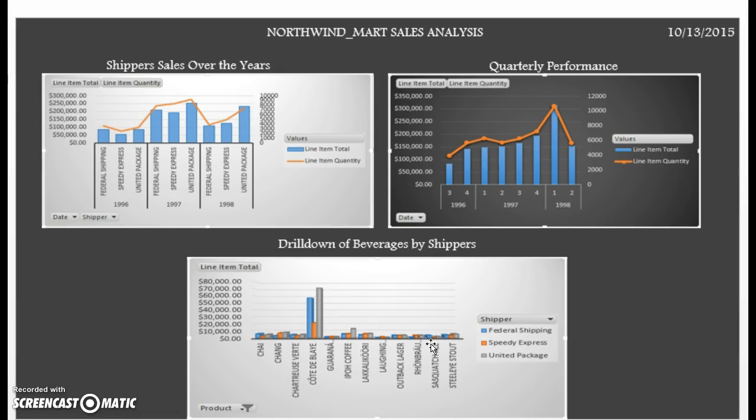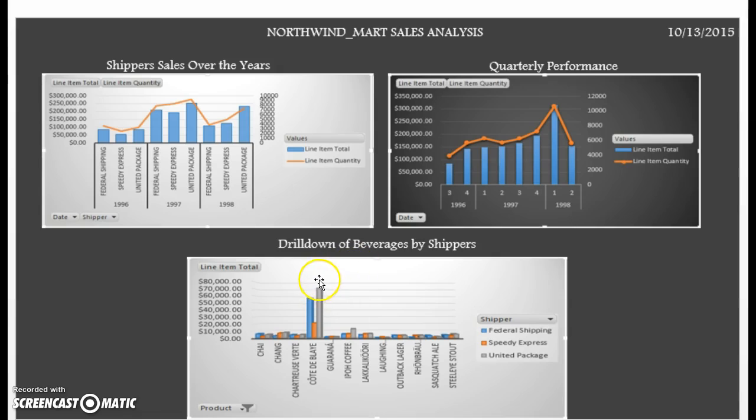Now, I would also like to discuss two additional business questions in this dashboard. The first question I would like to address is, which shipper has the highest number of sales over the years 1996, 1997, and 1998?